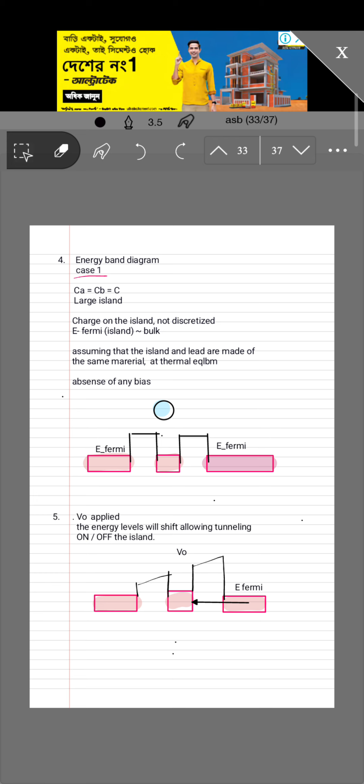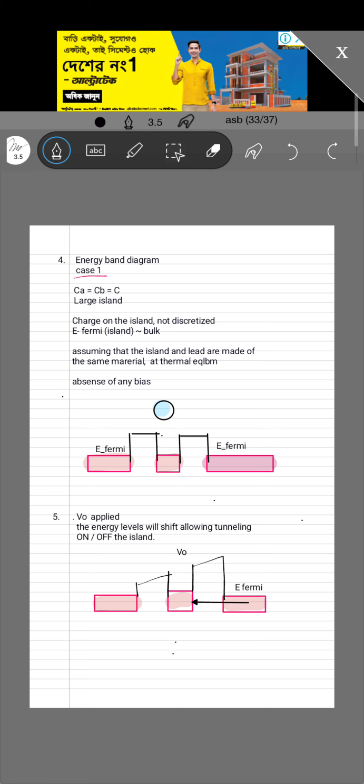Now, let's look into this energy band diagram of the system. We'll start with the very basic system. If the system is large enough and the capacitances at the two junctions are equal, then the charge on the island will not get discretized.